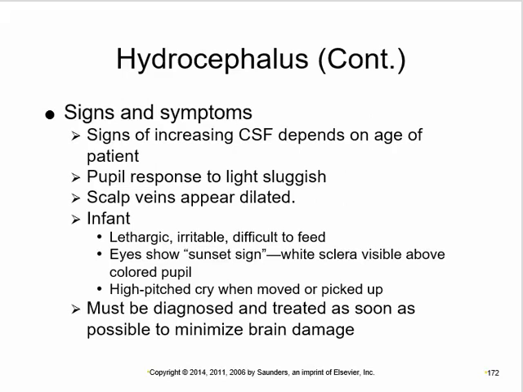The sclera is visible above the pupil. High-pitched cry when moved because the movement disturbs, and it needs to be dealt with immediately, or else there will be neurological damage.